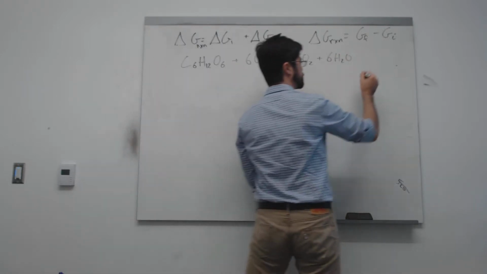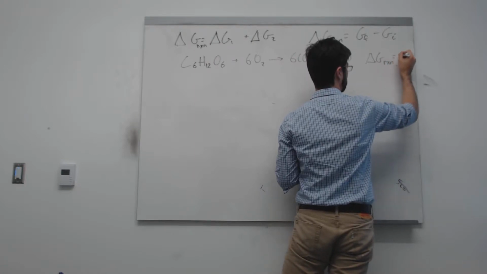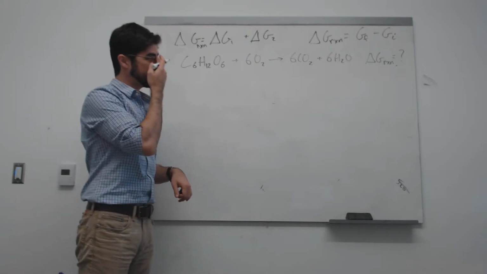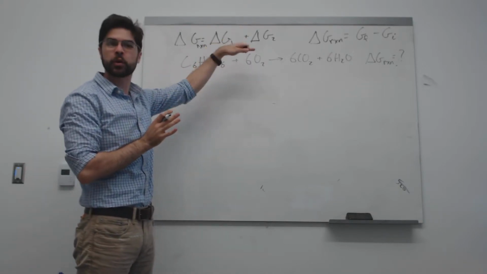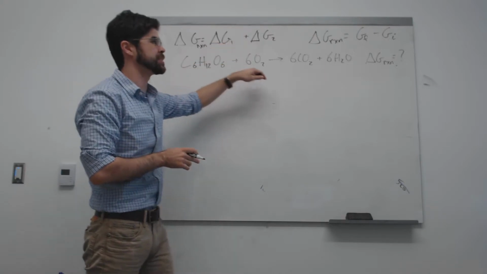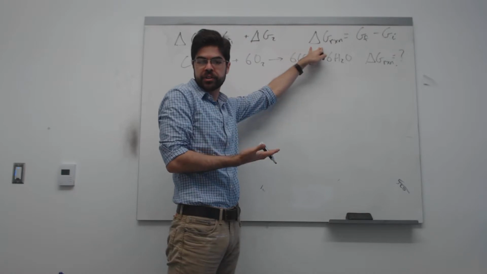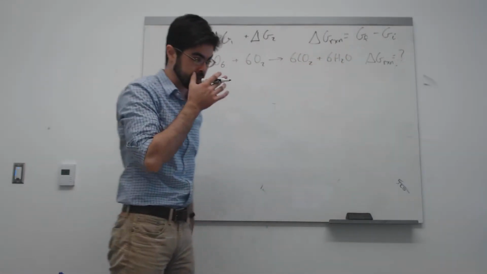And let's say I wanted to calculate the free energy change of this reaction. I will use sort of a combination. They are equivalent, but I'm going to use Hess's law and our general understanding of changes in a state variable as being the final state minus the initial state.